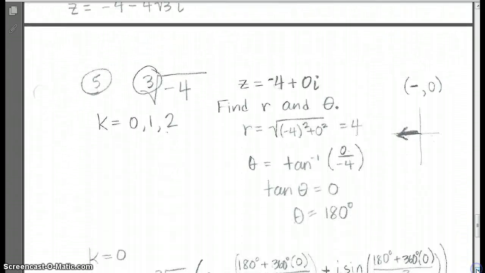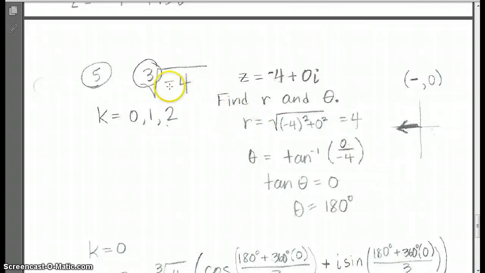If you have to go the other way, so now they want you to find the cube root of negative 4, rewrite this in its complex form. So that would be z equals negative 4 plus 0 times i. And if I want to find the cube root of that, we identify r and theta. Notice that k is 0 through 2 because you want 0 all the way to n minus 1.